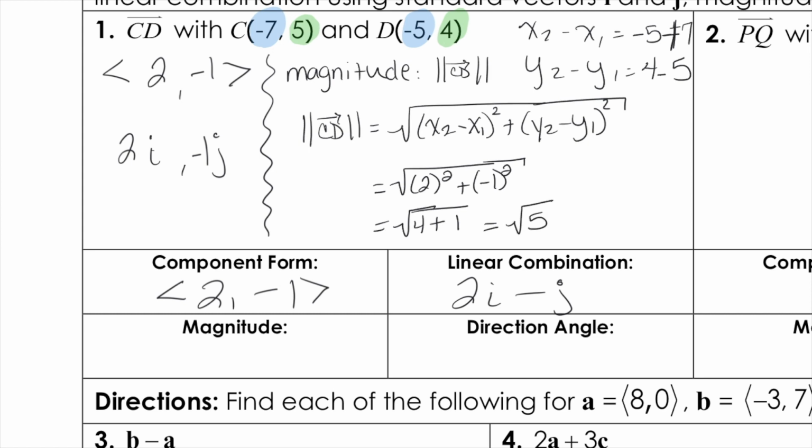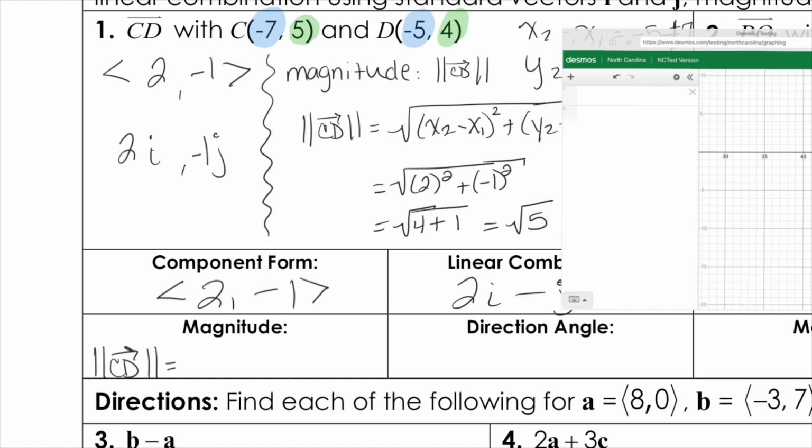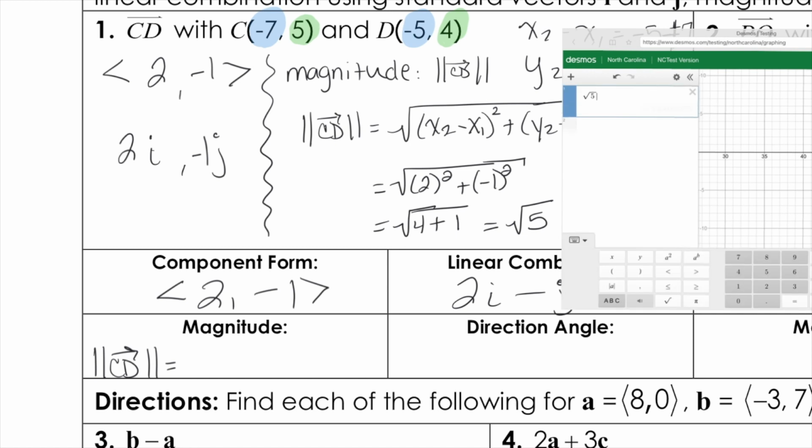That is my perfect value. But I think for us, we are good if we wanted to put this in a calculator and find your decimal. So I just opened up a Desmos screen here for a calculator. So my decimal would be the square root of 5, or my radical is the square root of 5. My decimal would be 2.2.